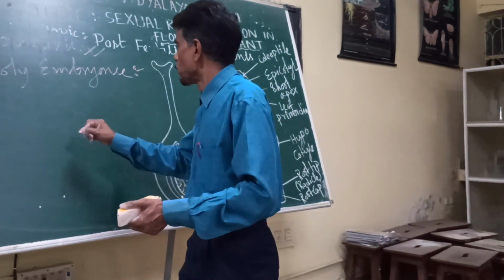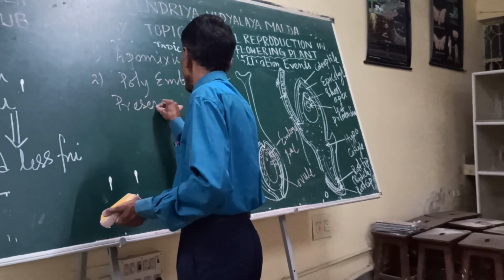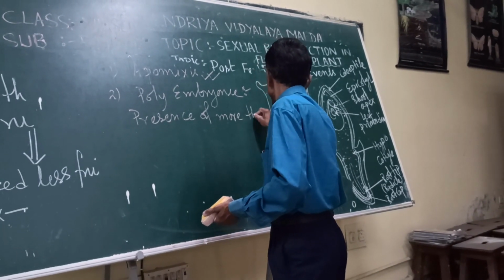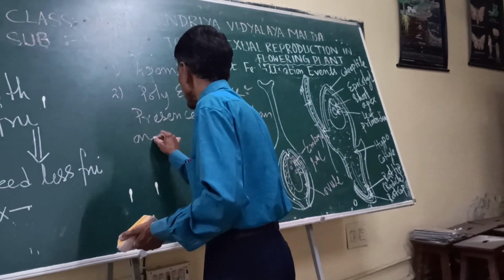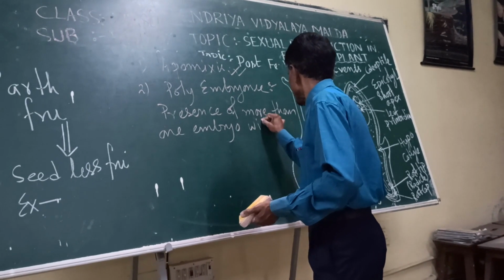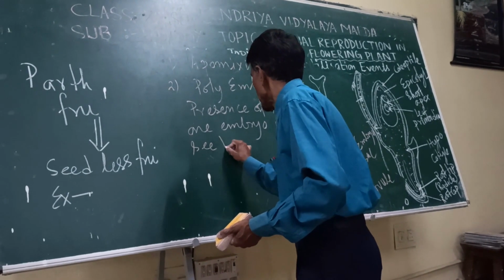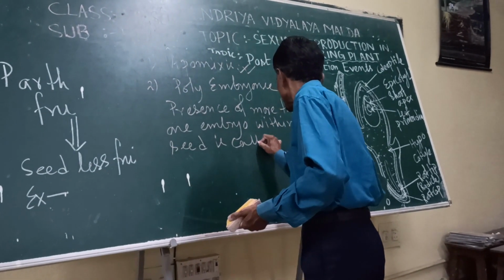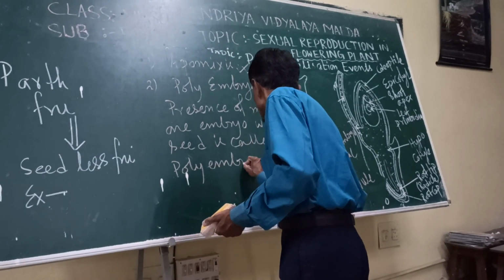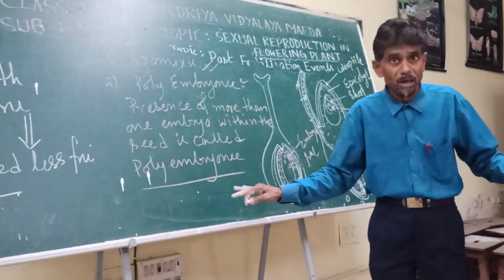The presence of more than one embryo within the seed is called polyembryony. An example is the citrus fruit, lemon.